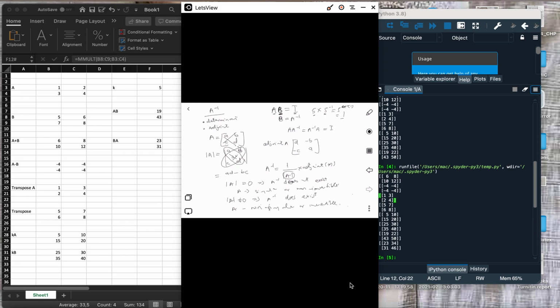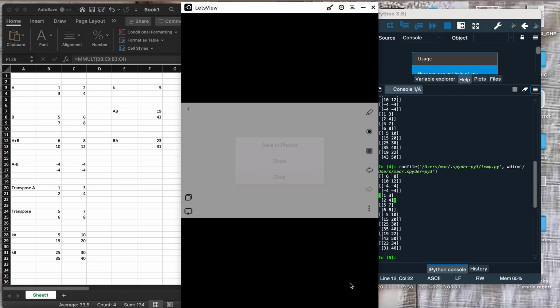Okay, so let's look at a real example. For example, I have matrix A, which is equal to 1, 2, 3, 4, and I want to find the inverse of A. First I need to find the determinant of A, which is the absolute value of A.